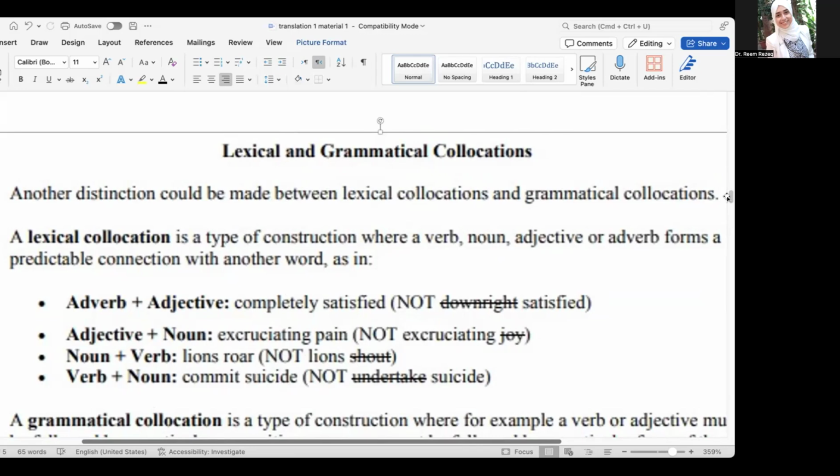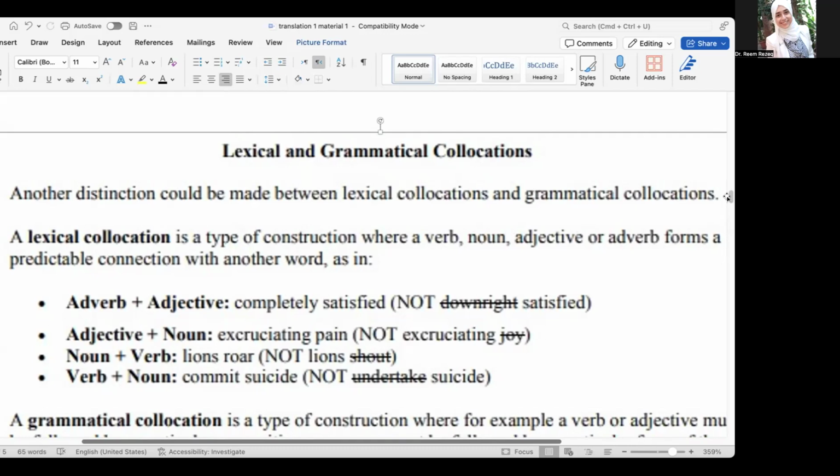And also adjective plus noun, okay? For example, here excruciating, we can say excruciating pain and not joy, okay? Because it's something painful, ألمًا مبرحًا.